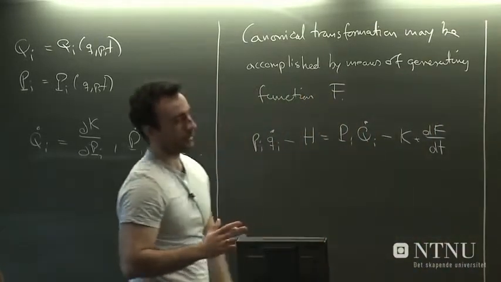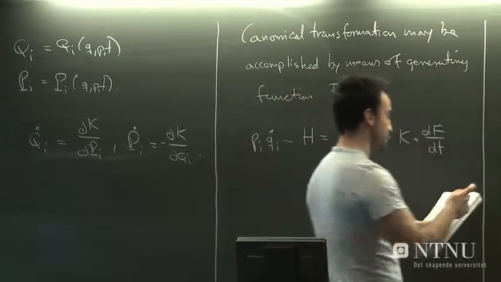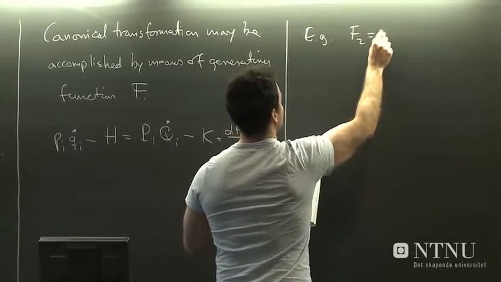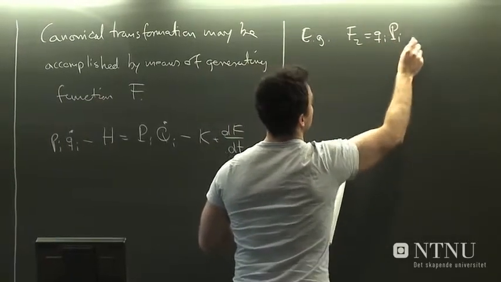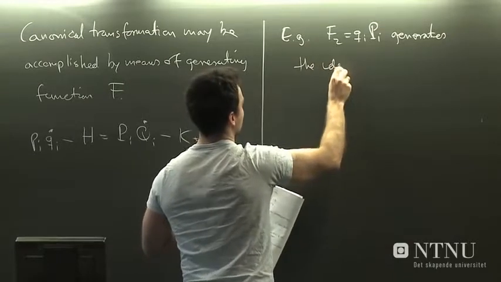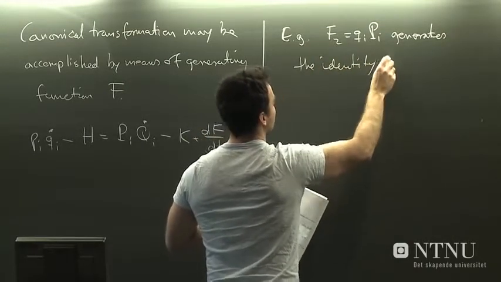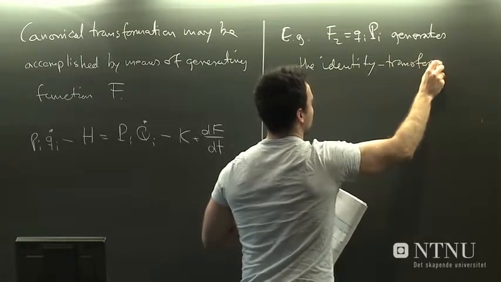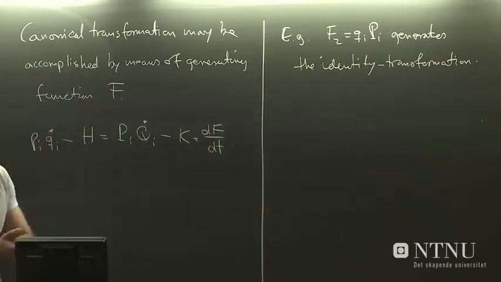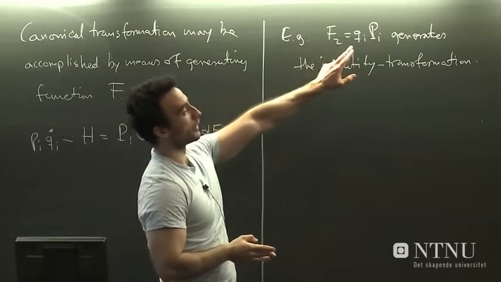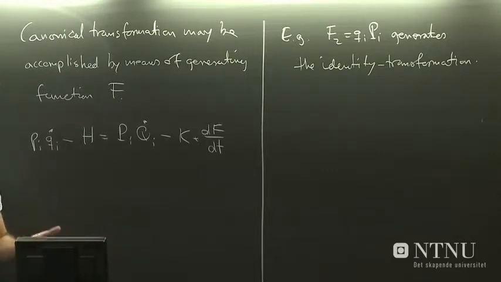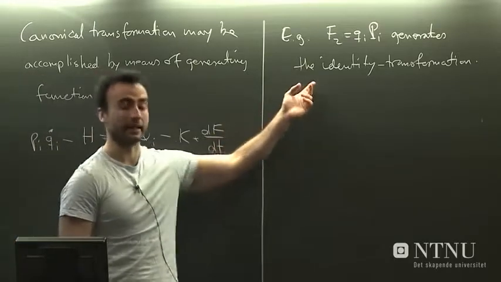And just to remind you, we also had a look at a couple of examples. Namely that if we chose the generating function to be of the second class, f2, and written in this way, then using the equations that couple the old and the new set of coordinates, we found that this actually generates the identity transformation.